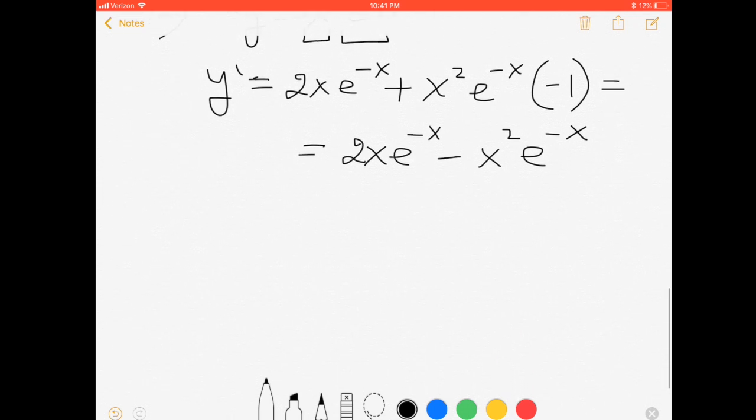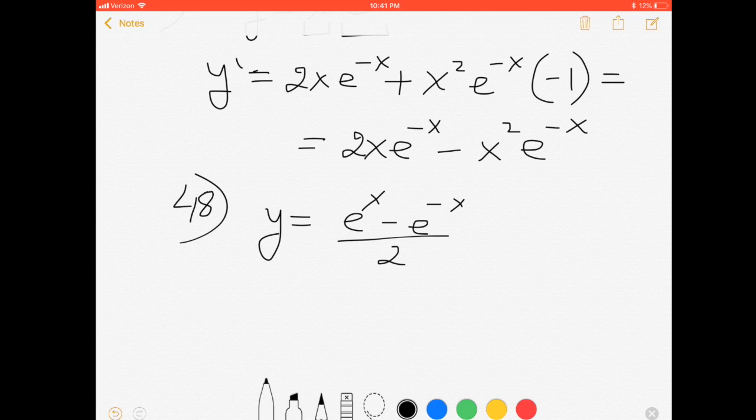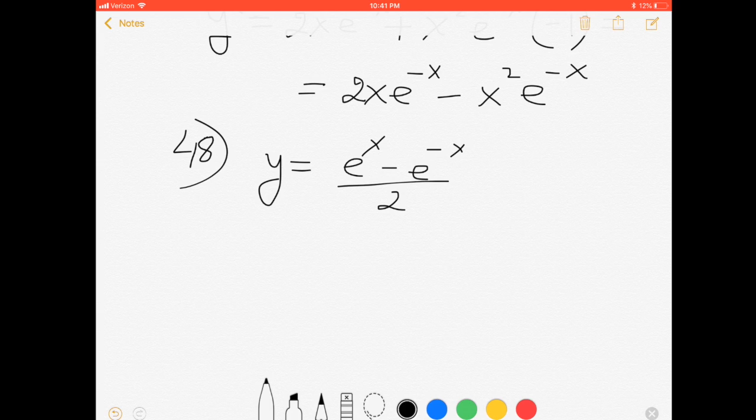One more example, number 48 from your textbook. It will be y equals e to the x minus e to the minus x, over 2. In the future you will study that this is a special type of function, but right now we find the derivative using the formula for the exponential function.